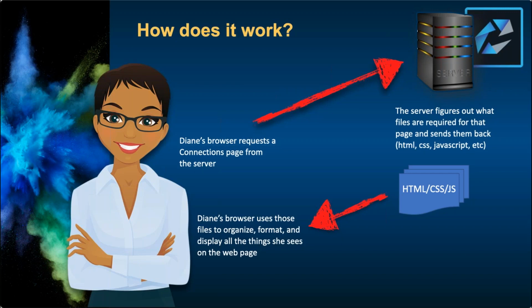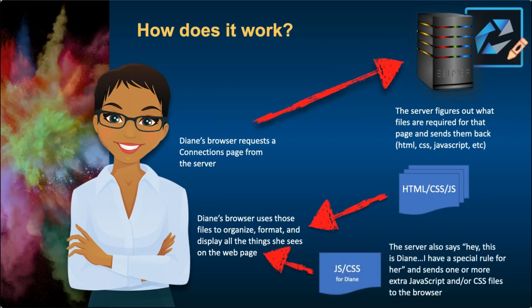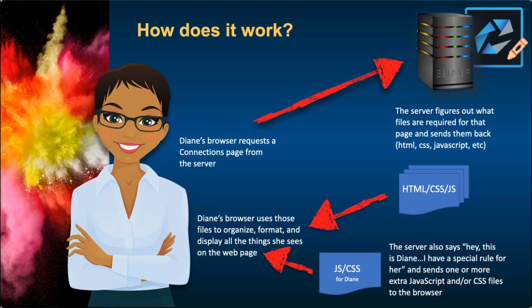Now, if we introduce the customizer to the picture, we actually add one additional step here, where we can also recognize who the user is, where the user is coming from, what they're looking at, and say, hey, here we have Diane.